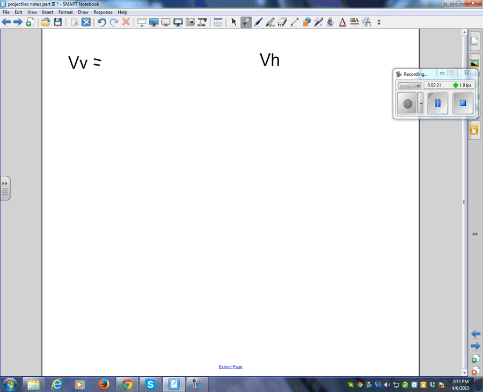So the vertical component is going to be V sine theta. So that's going to be 10 sine 53.1. It's always sine? Yeah. Pretty much.